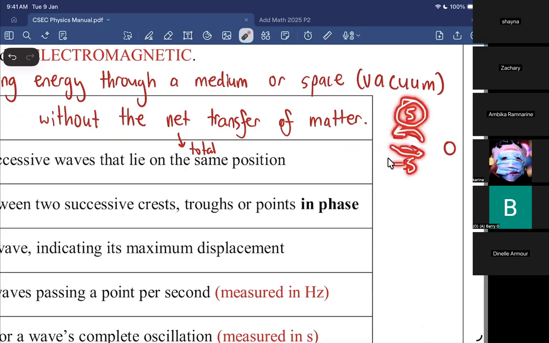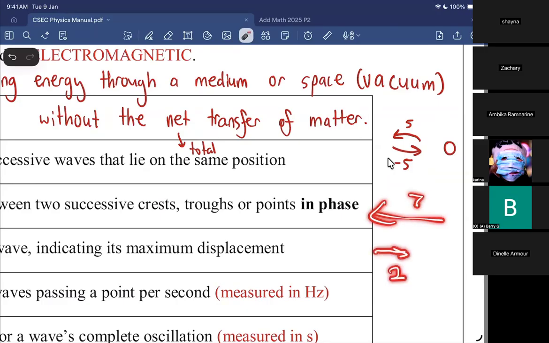So Adil, if I add 5 and -5, what are you going to get? Zero. Right. So did it transfer matter? No, it didn't transfer matter. If it's 0, it would not transfer. However, imagine if I push something 7 to the left and then I push it to the right with 2. What is the net transfer there?